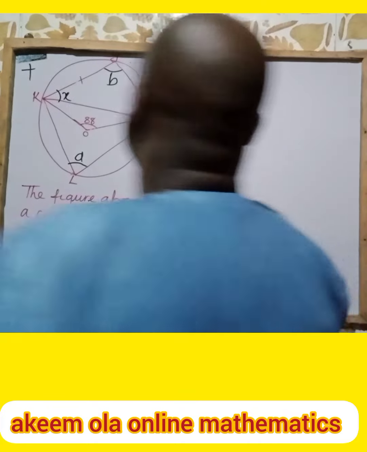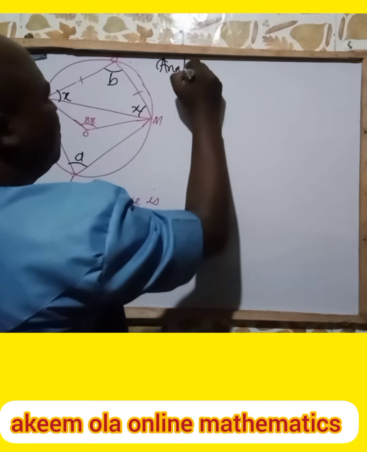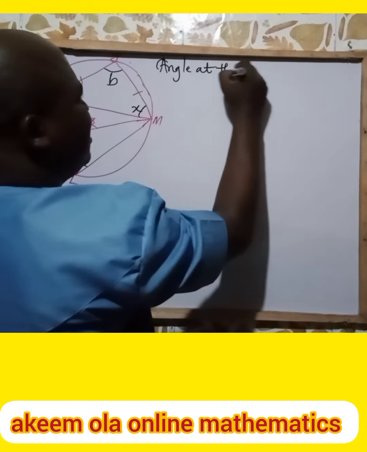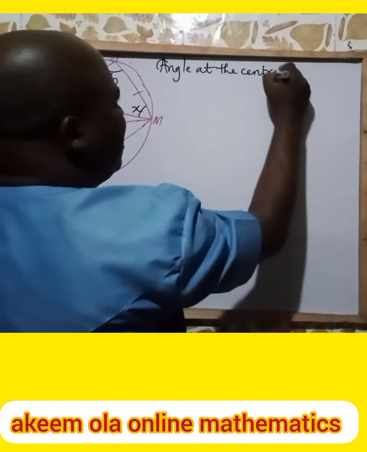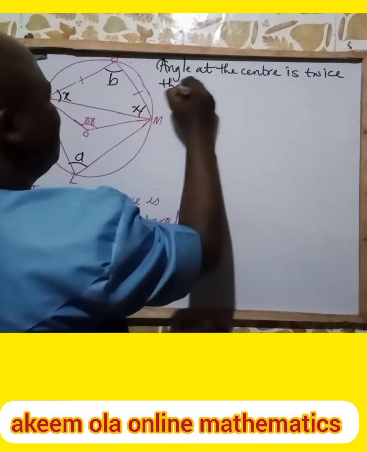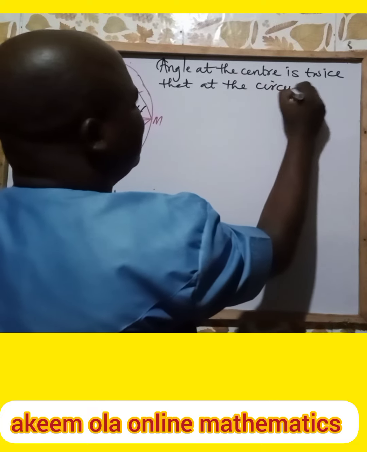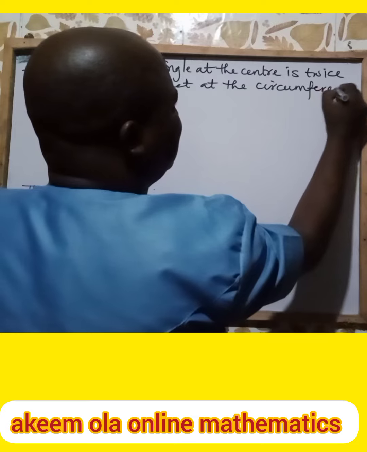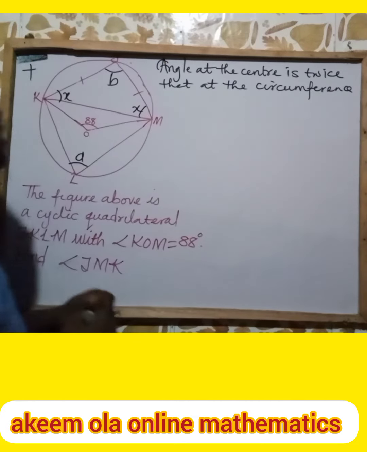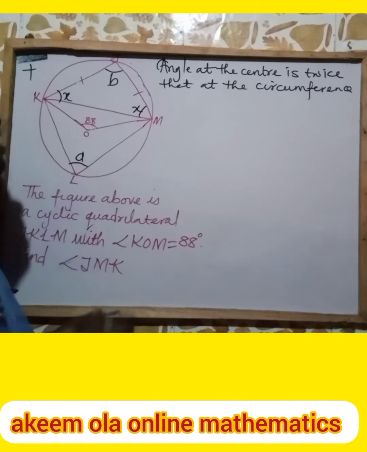We have the angle at the center is twice that at the circumference. If I consider this, that means I have this. This is the angle at the center, and that angle is twice that at the circumference.